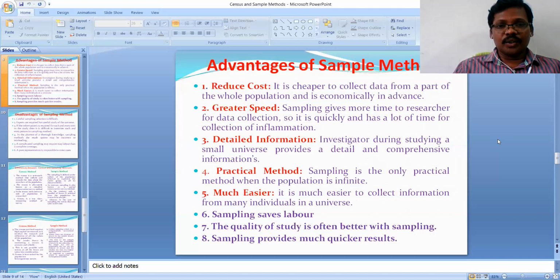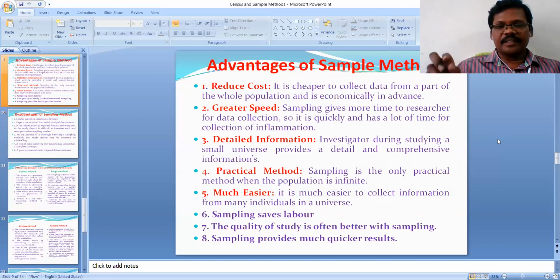If you go for the census method, a lot of time will be taken, because we have to take information from many people. So if you go for the sampling method, time is saved, money is also saved, and we can get detailed information from the sample.